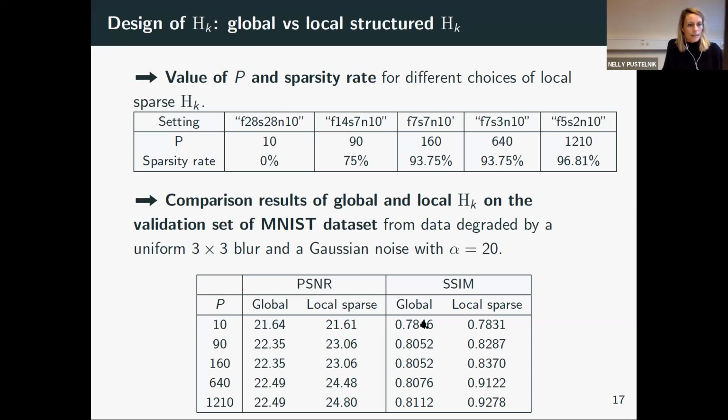This is in PSNR, this is in SSIM. That is for a global dense matrix, and that is for a block sparse matrix. You can see that for the same number of rows in your matrix, the block sparse matrix performs better, probably because the coefficients are much better identified.